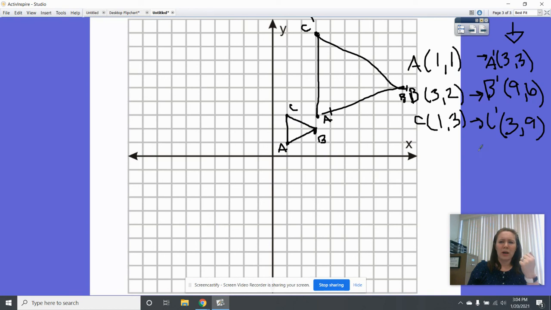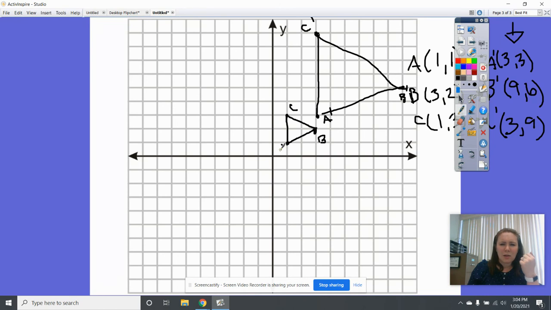And so my new triangle would end up a tiny, tiny little thing. Let's see if I can erase this. And it ends up a tiny little thing over here.